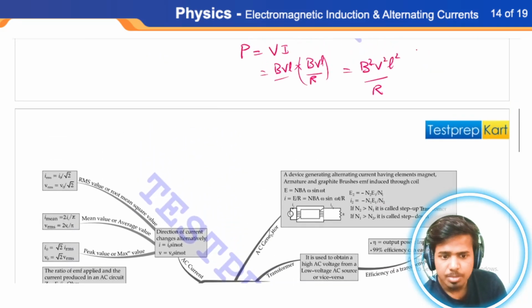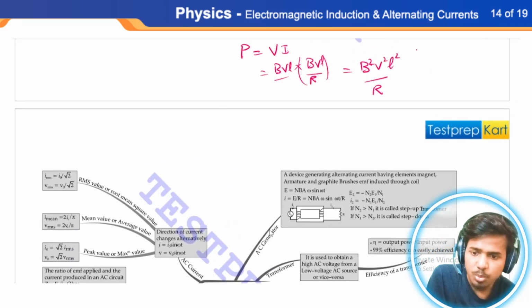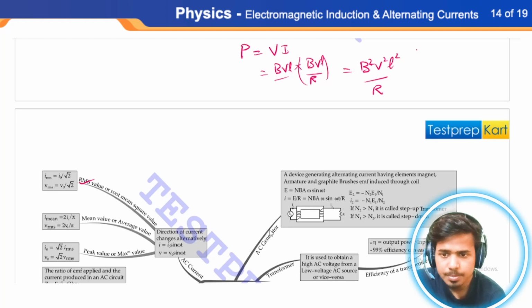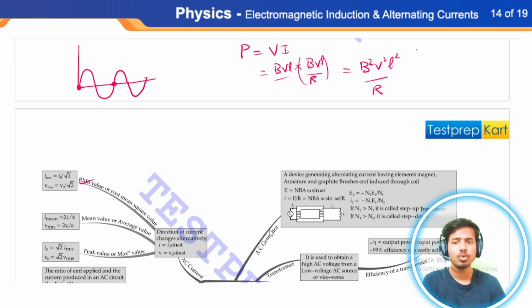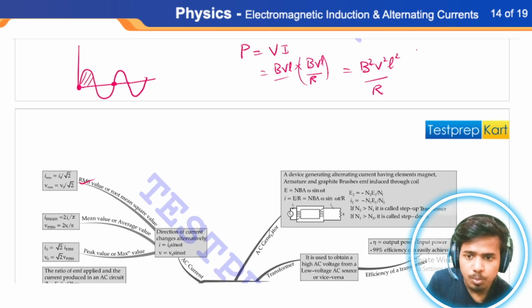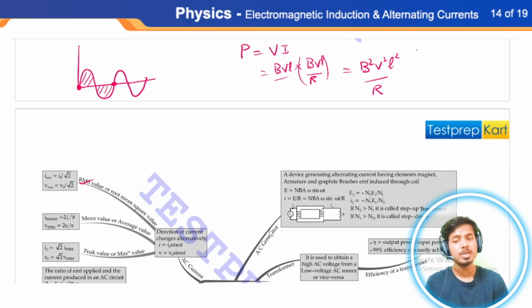And let's talk about something called root mean square. Why? Because if you want to find out the average over this whole portion, from this to this, what is going to be the average voltage? Zero, because it is a positive part and it is a negative part. You will add them up and it will become zero.